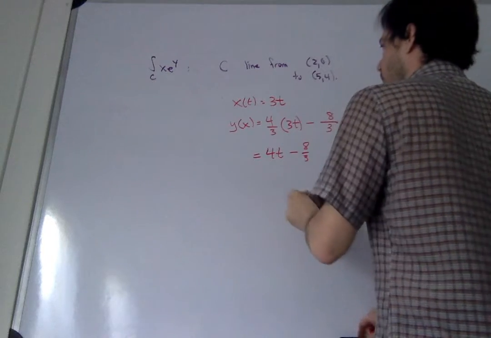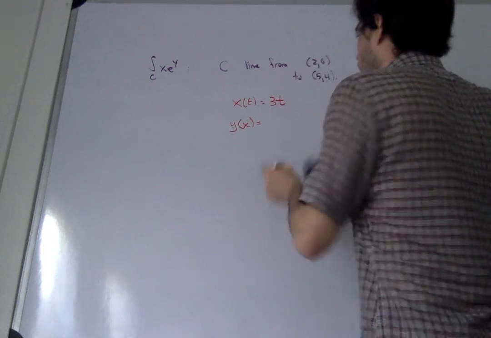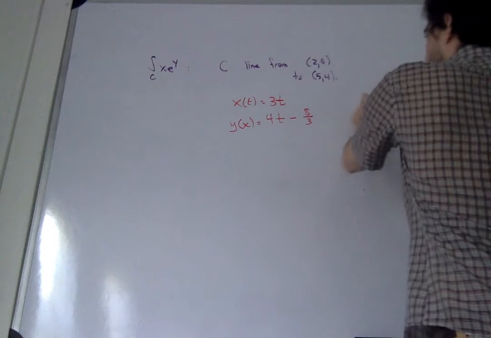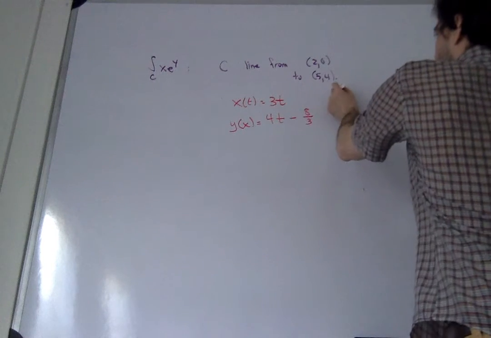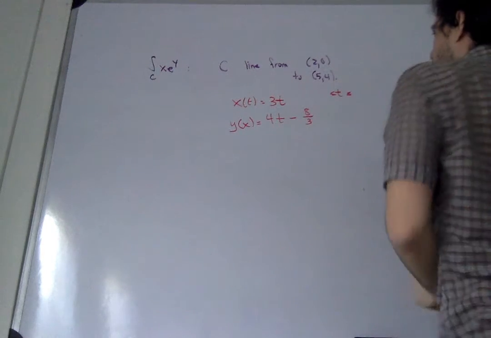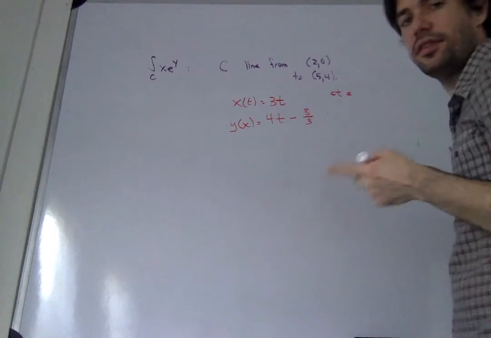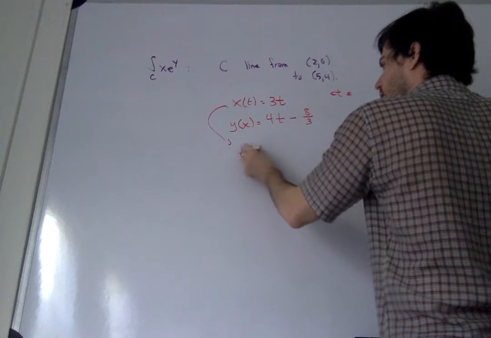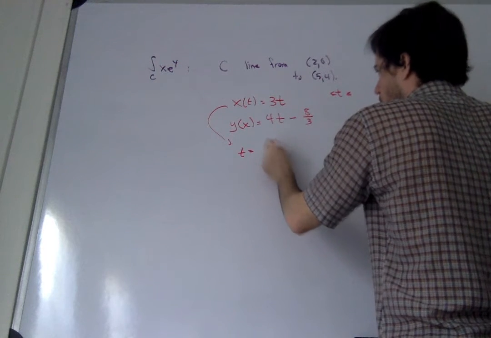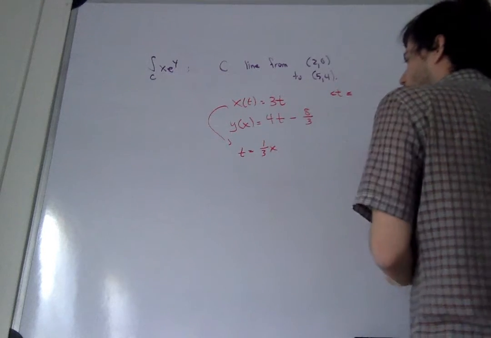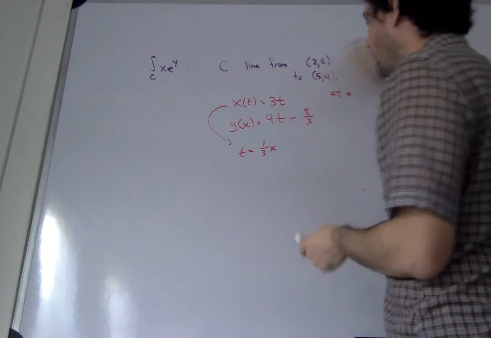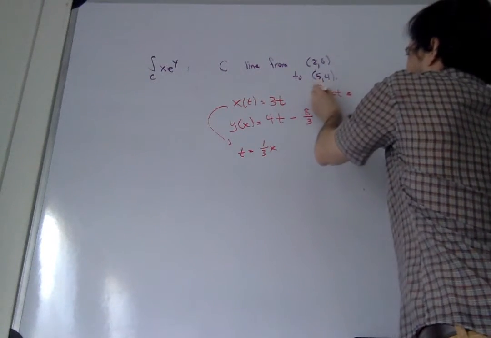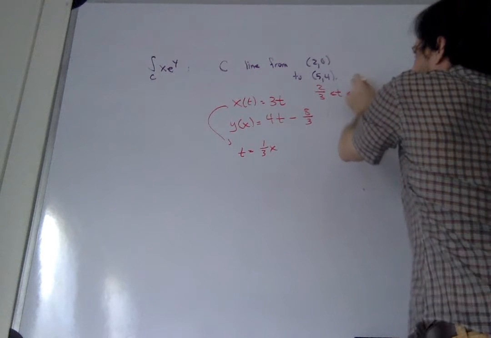I can summarize this by saying y is 4t minus 8/3, and t is going to vary. See, this is the problem. Now I have to solve for t. So t is now 1/3 x, and x is still going to go from 2 to 5. So if x is going from 2 to 5, t is going from 2/3 to 5/3.